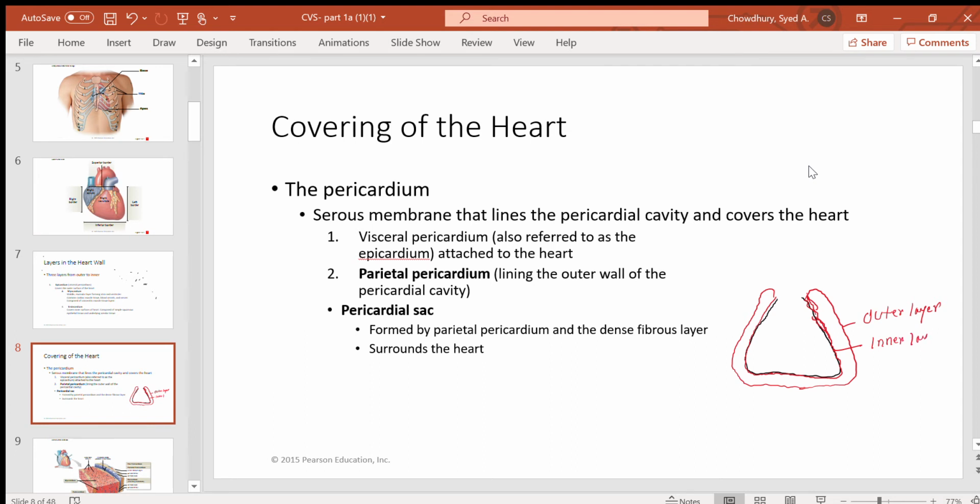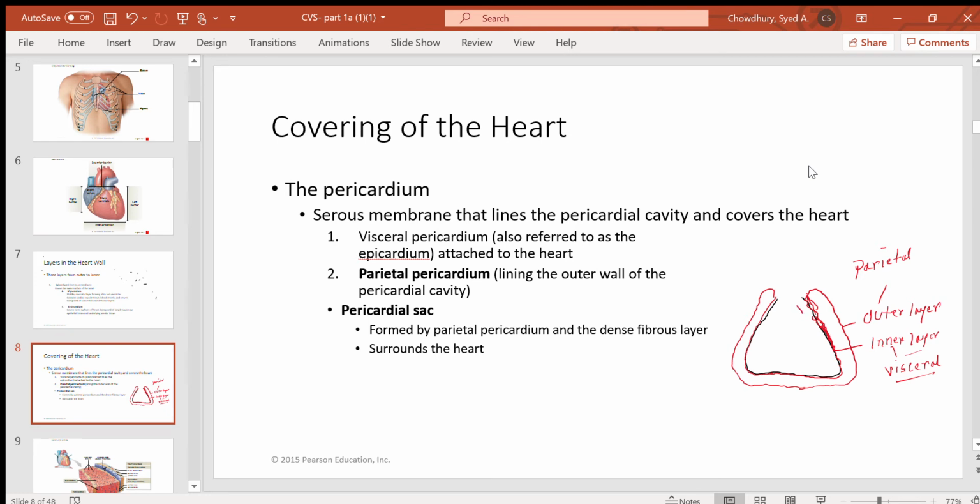So the outer layer is called the parietal layer, and the inner layer is called the visceral layer of pericardium. Make sense? So we can say that the epicardium, which is the outermost layer of the wall of the heart, is actually the visceral layer of pericardium, right?